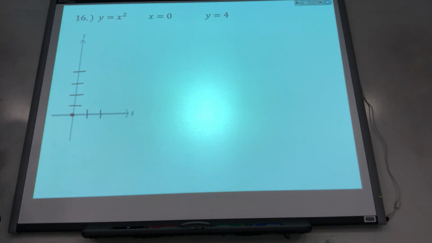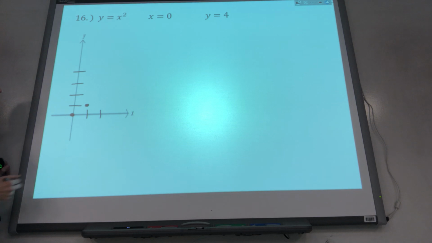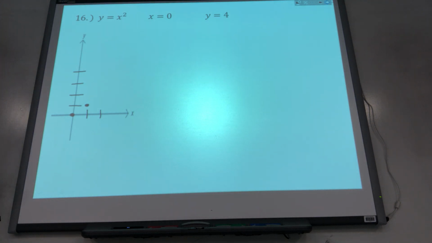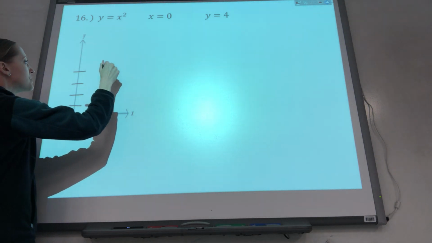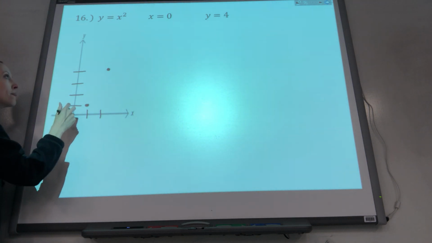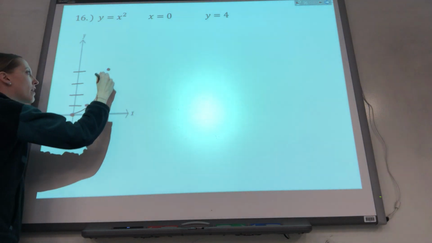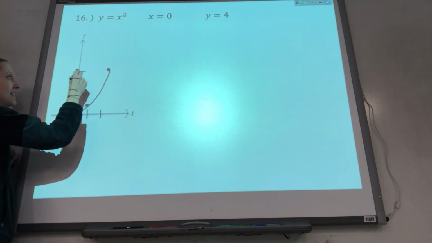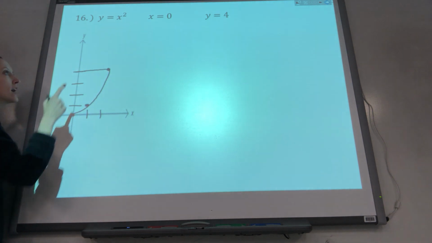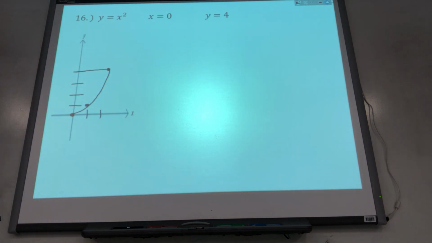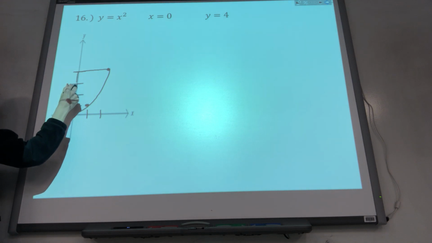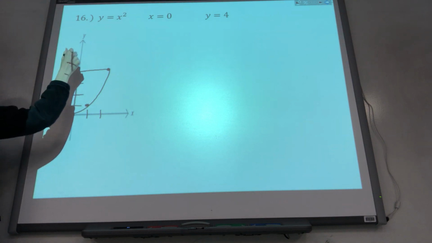The first one is just a parabola. I'll put a point at 0, 0, 1, 1, 2, 4, and I'm going to cut it off right there because y equals 4 was another function, and so was x equals 0.